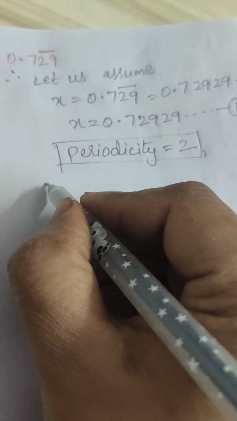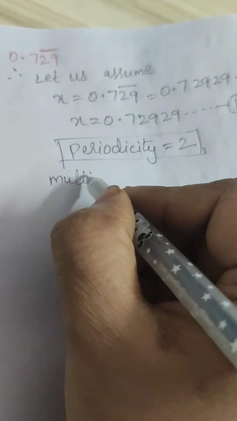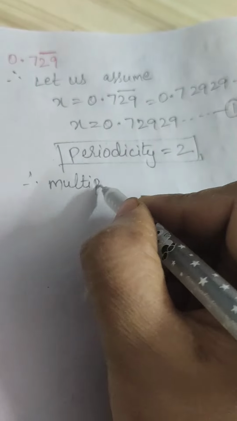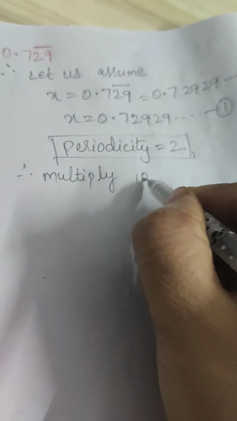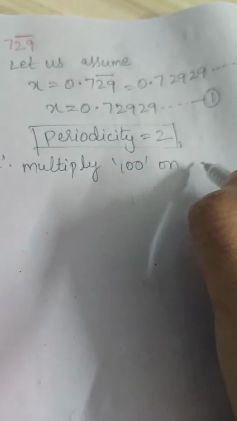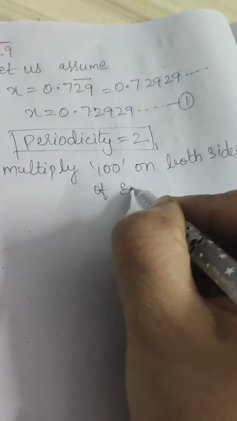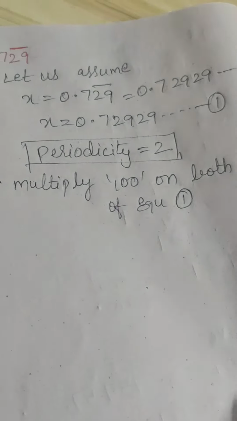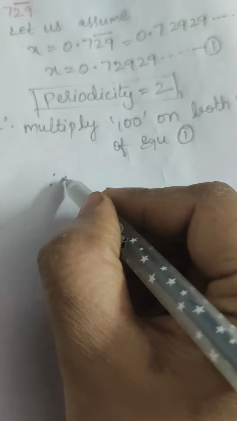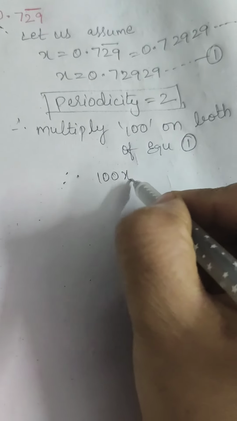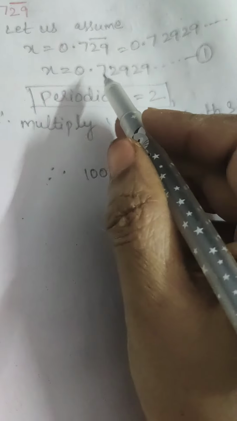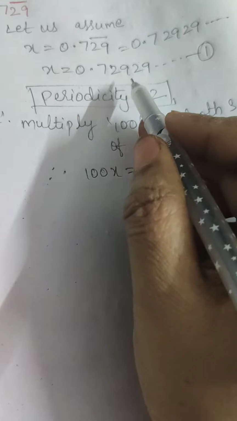If periodicity is 2, we should multiply 100 on both sides of equation 1. Therefore 100x is equal to 100 into 0.72929.